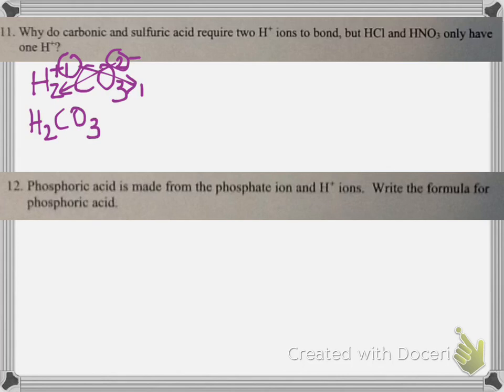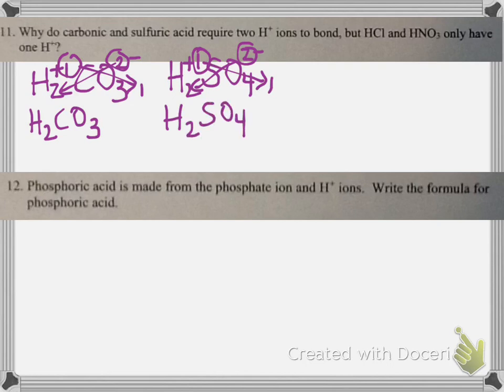For sulfuric acid, hydrogen, sulfate, SO4 negative 2, crisscross, it has to be H2SO4. With hydrochloric acid, it's hydrogen, and chloride has a charge of -1, so I crisscross down my 1s and I just get HCl.